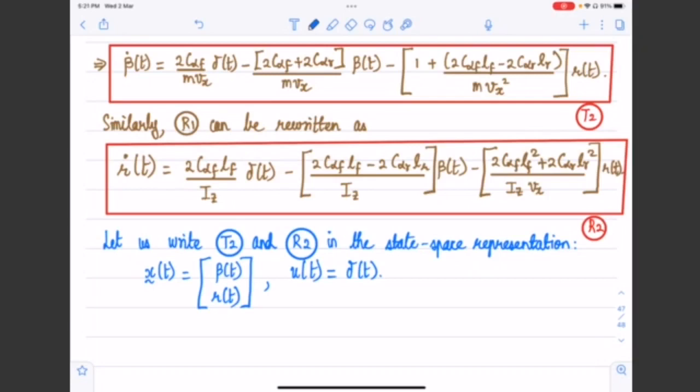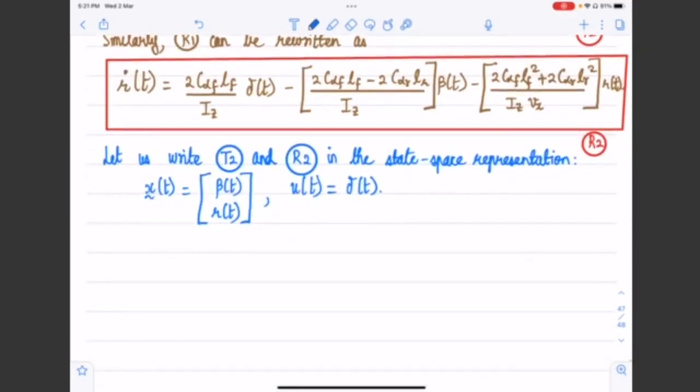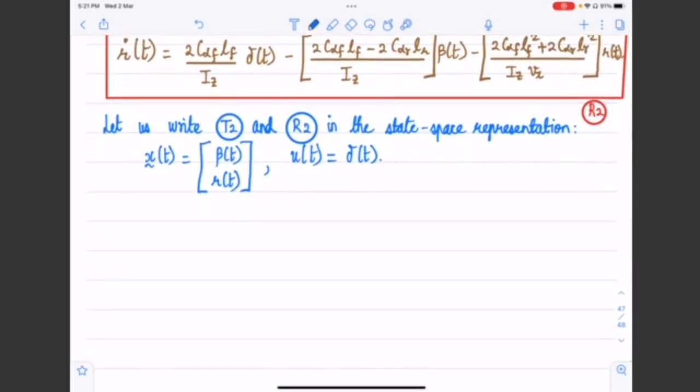Now with this selection, we just need to combine these two equations and write them as one equation. I'm going to do some analysis, and we will observe something interesting. We combine the two first order ODEs in beta and r, so we get beta dot and r dot of t. Let's write down the entries.